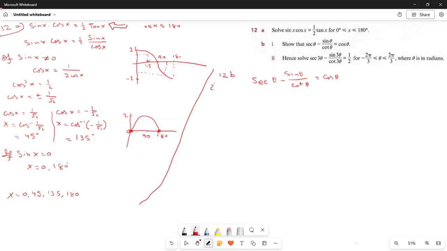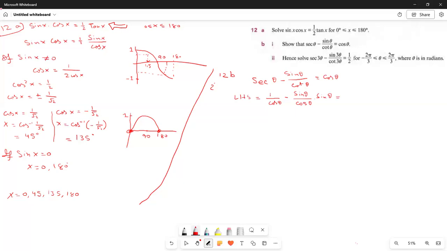Okay, so I will start from the left hand side. Secant theta is 1 over cos theta, minus sine theta over cotangent, which is cosine over sine. So it is cos theta, and sine theta will come over here, right?